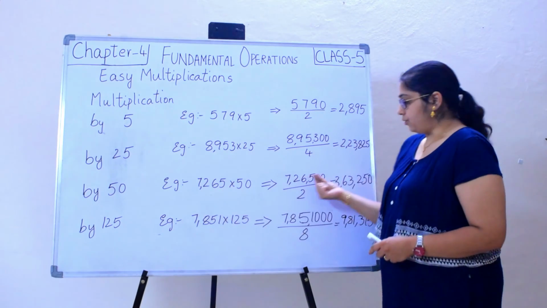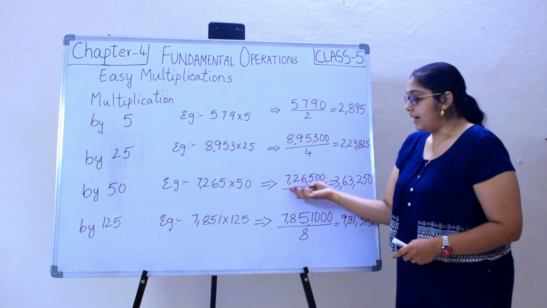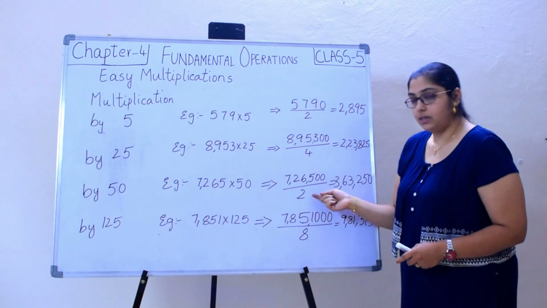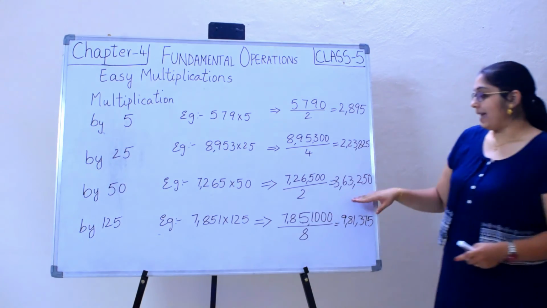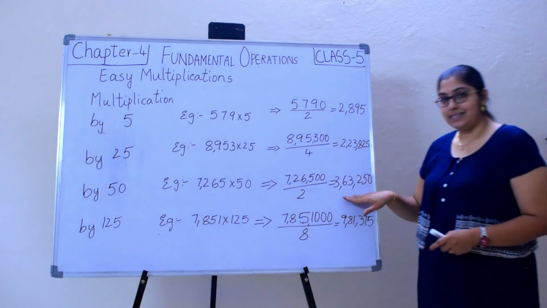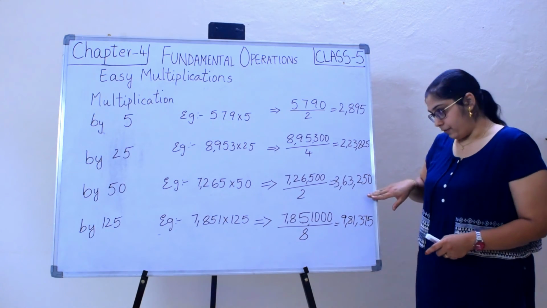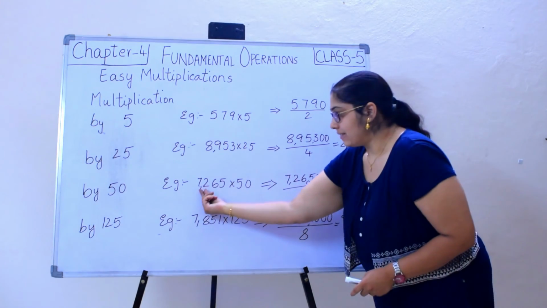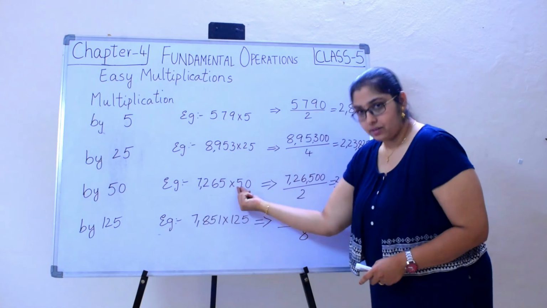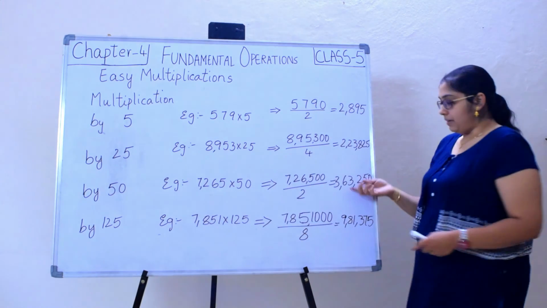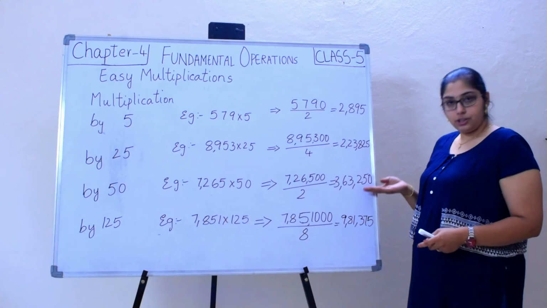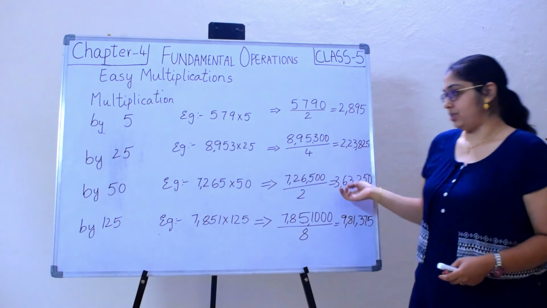I need to add 2 zeros, I have written over here and I am dividing with digit 2. So when I do it, I get the answer as 3,63,250. So when I multiply 7,265 by 50, I will be getting 3,63,250. So I can say it directly, which is easy.